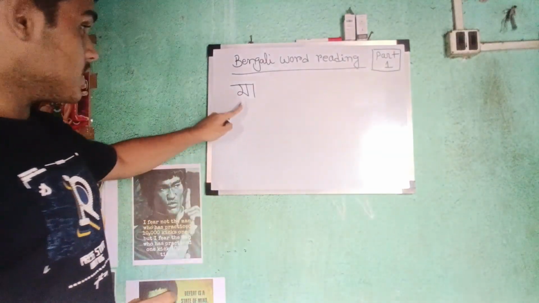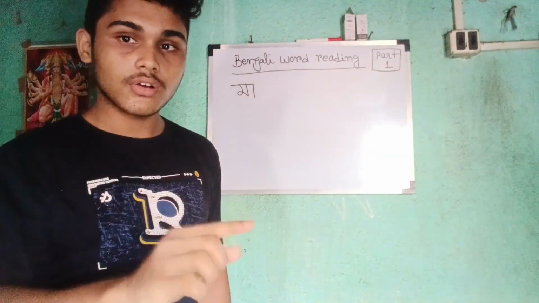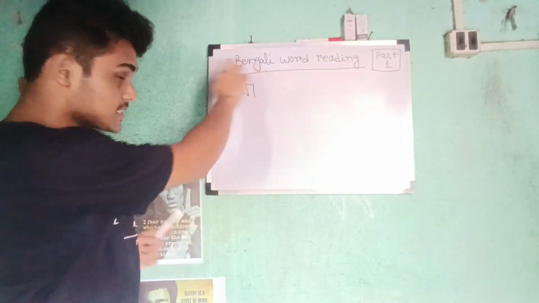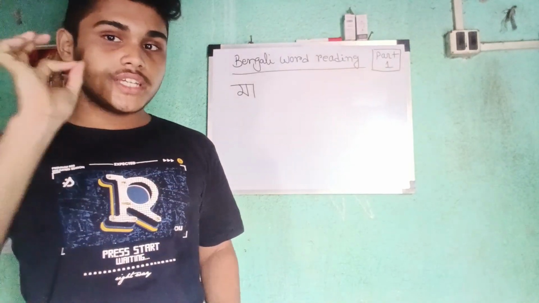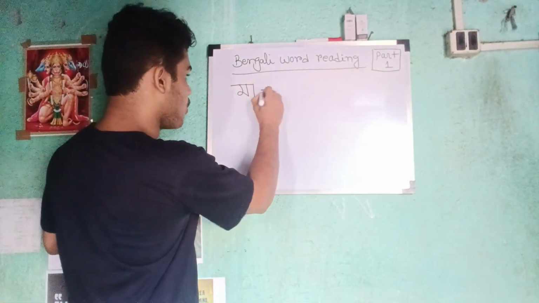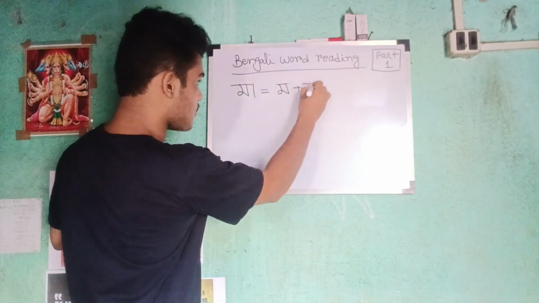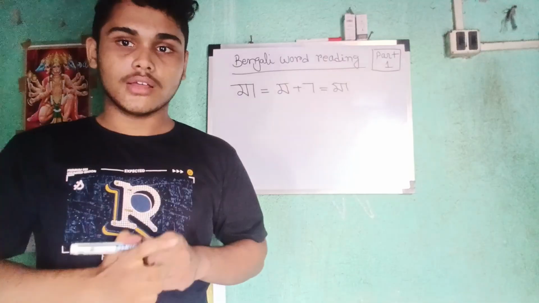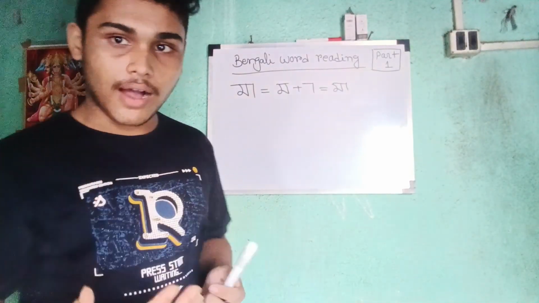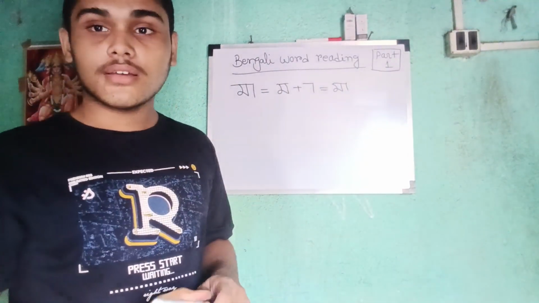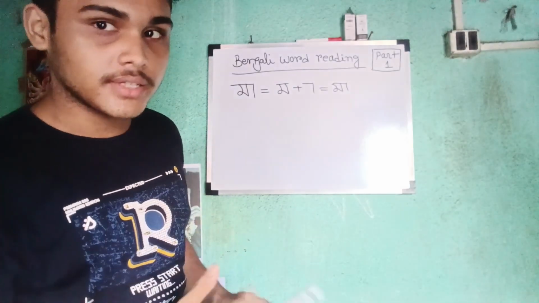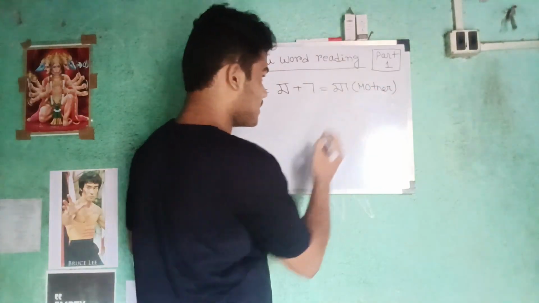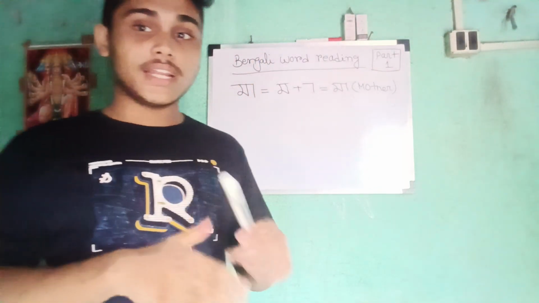You can see that this is mo, and this is a vowel sign, which is a. Mo plus the vowel sign a means ma. So what does ma mean? Ma means mother in Bengali. So this means mother.